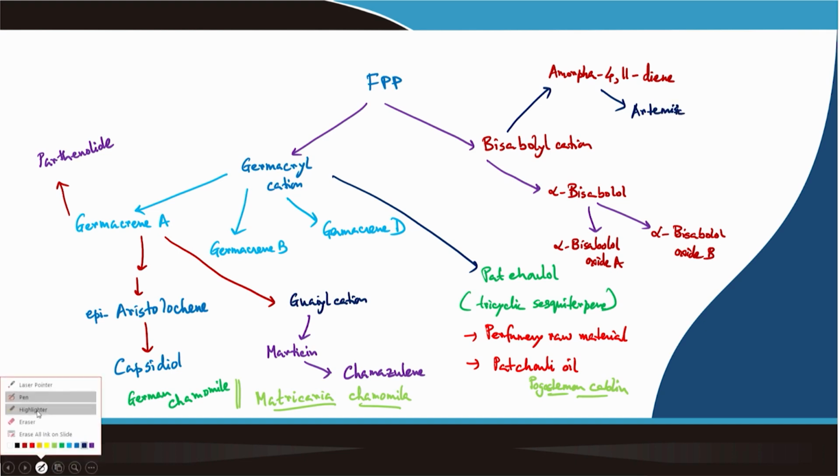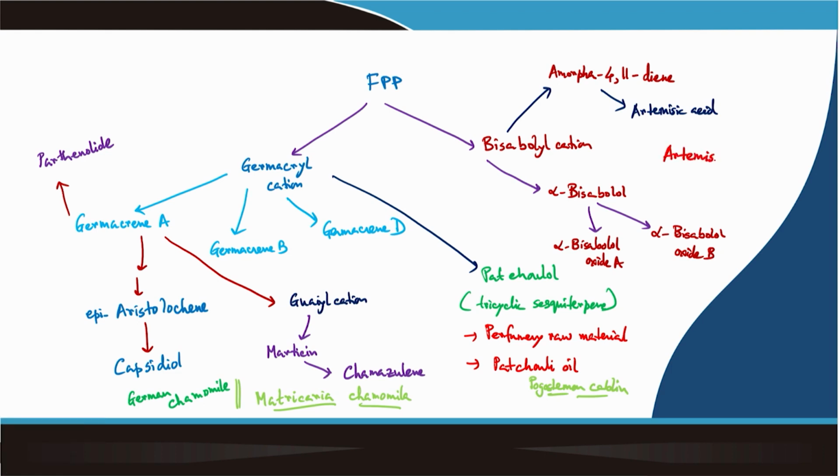Sorry, again problem with the pen. From artemisinic acid, artemisinin is produced. So, put the arrow.